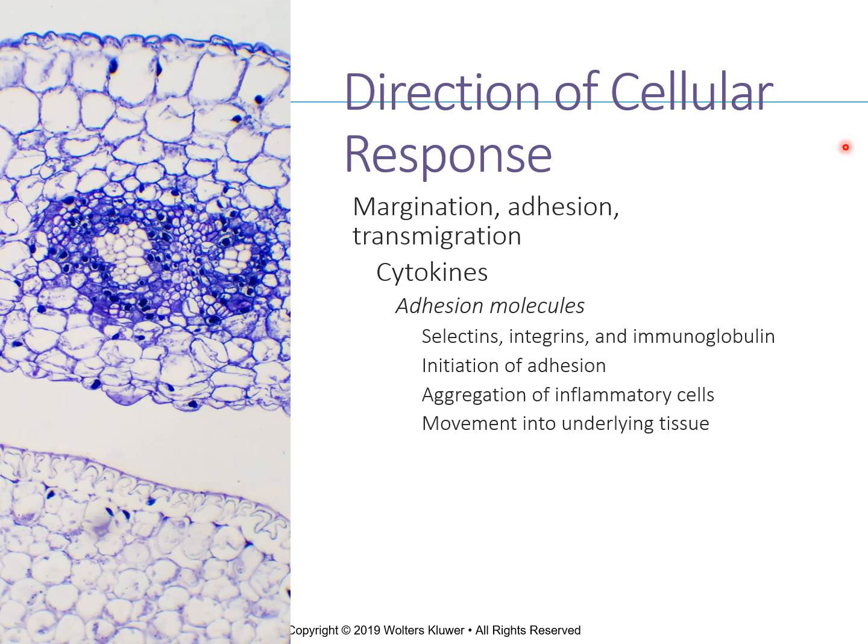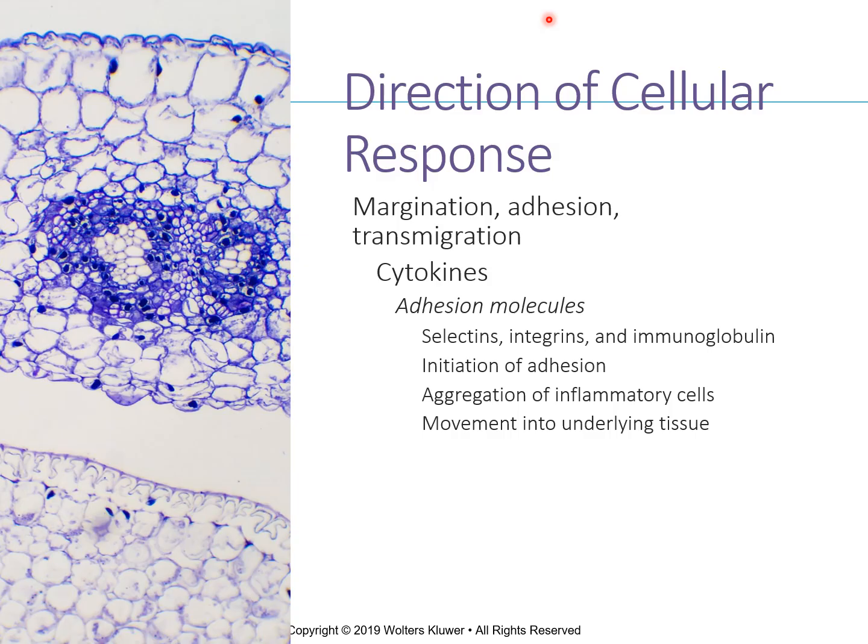So during that cellular response, we have kind of three pieces here, what we call margination, adhesion, and transmigration. As the leukocytes start coming to the site, they line up along the inner lining of the blood vessels, and that's what we call margination. They stick there to the sides of the blood vessels, and we call that adhesion.